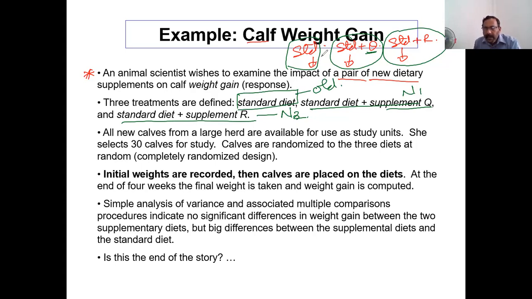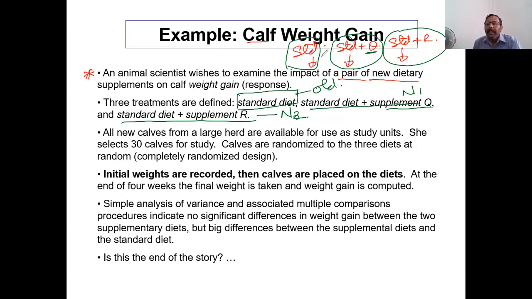We are going to experiment with 3 diets. The standard diet, which we are practicing now. The second is standard diet with some supplement. What do you mean by supplement? You learned already: provide the missing nutrients which are missing in the feed.